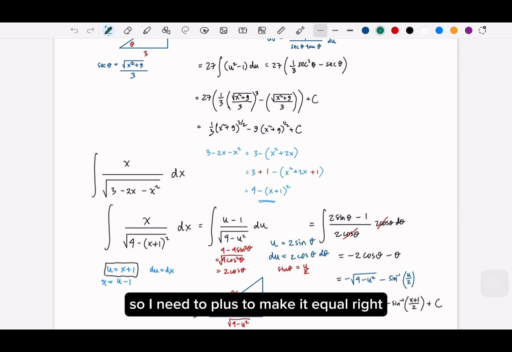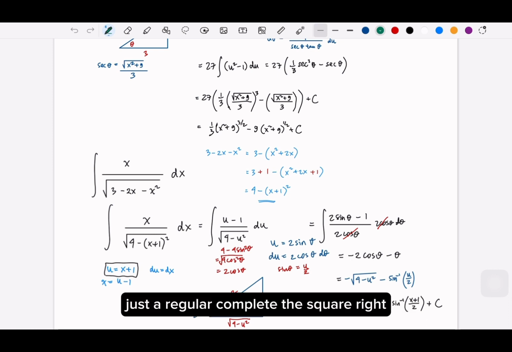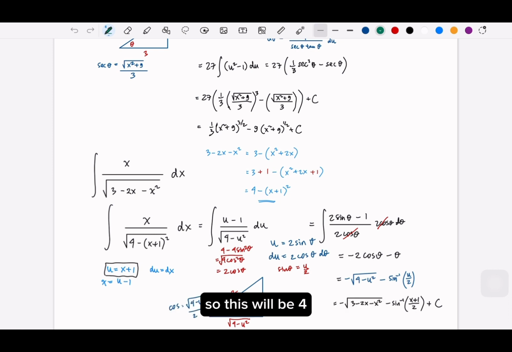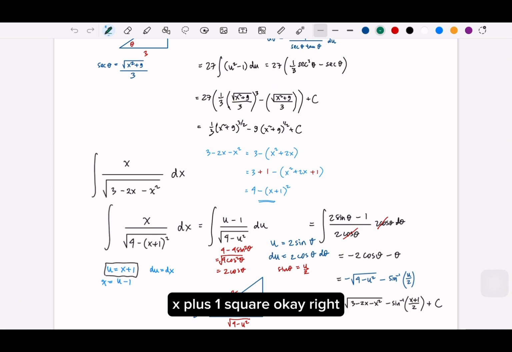So I need to add 1 to make it equal. Just a regular completing the square, right? So this will be 4 minus a perfect square, x plus 1 squared.